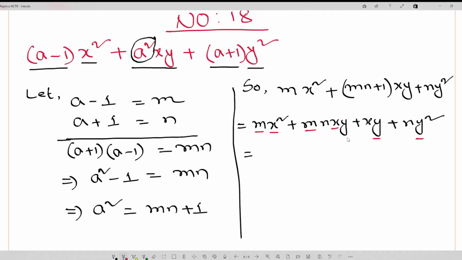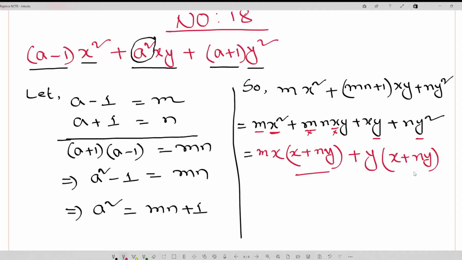So now what can we do? Here we can take common mx. So from x² we write x, plus from this, with m and x out, here is ny, plus here the common thing is y, so here is x + ny.